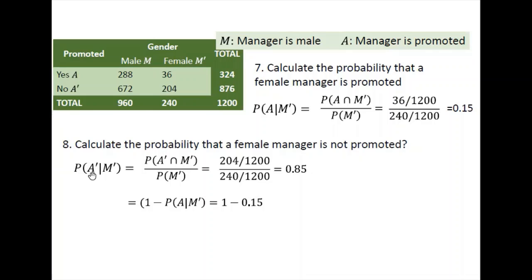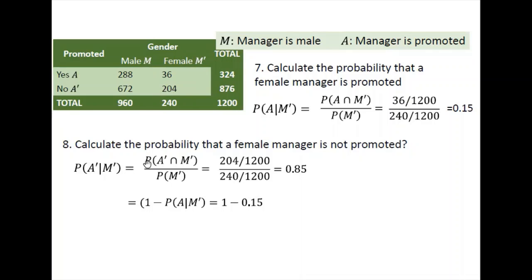So if promotion is A, not promoted is A prime, so the probability of A prime given that female is M prime.